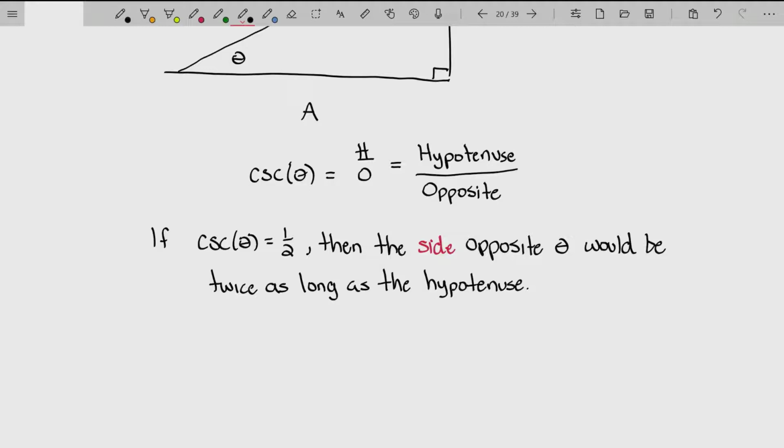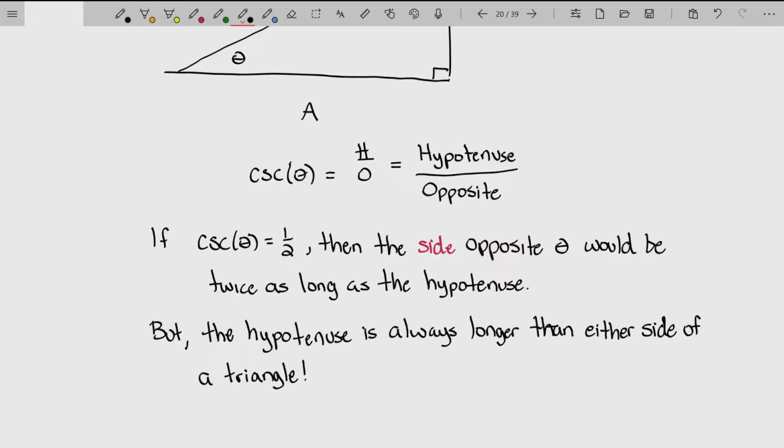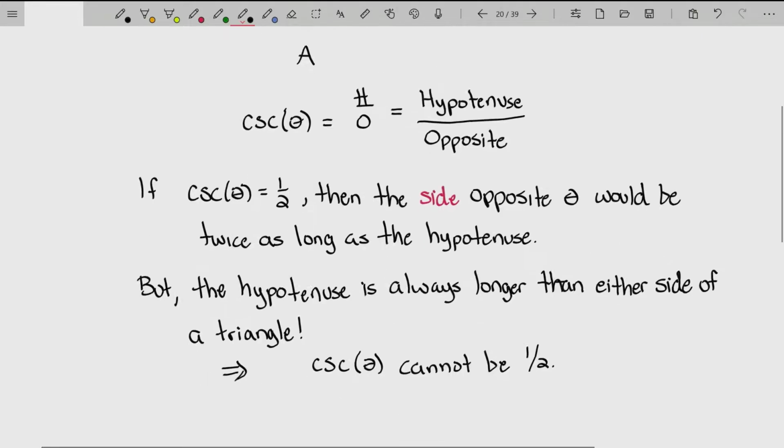The hypotenuse is always the longest side. It can't be shorter than a side of the triangle. So the hypotenuse is always longer than either side of the triangle, and that implies the cosecant of theta cannot be 1/2. Pretty good, solid argument as to why the cosecant can't be 1/2.